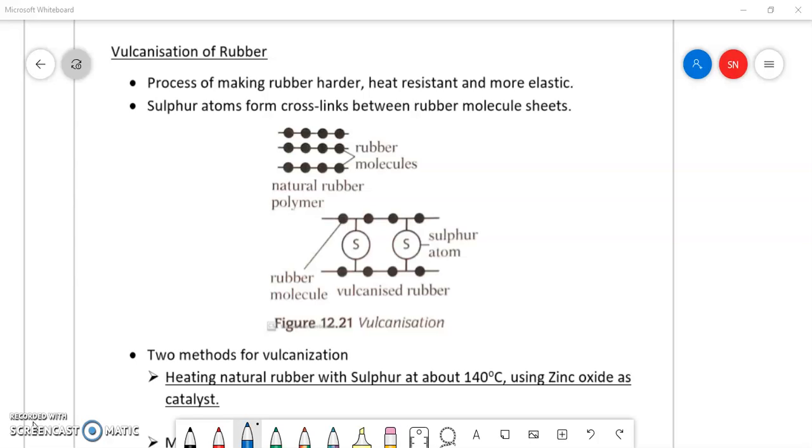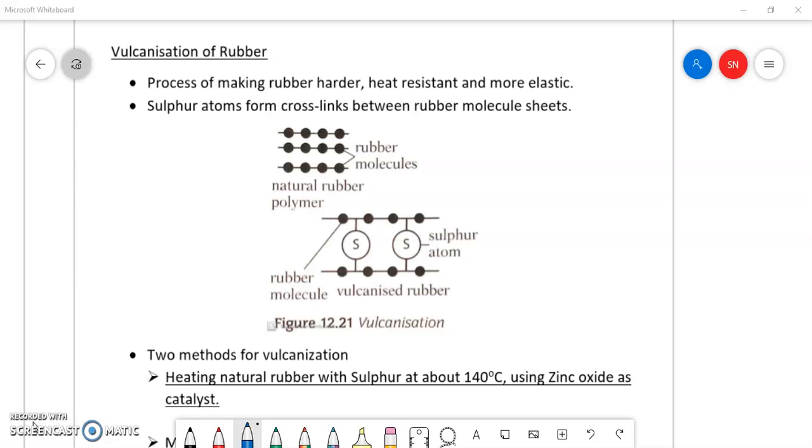Now we're going to look at vulcanization of rubber. The characteristic of rubber is that it is soft, but it is not that elastic. If you stretch it too much, it will permanently deform. It's not that strong, it cannot withstand heat, and it also cannot withstand oily conditions or acidic conditions.